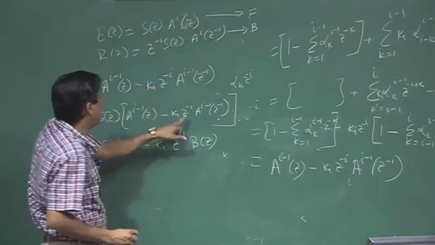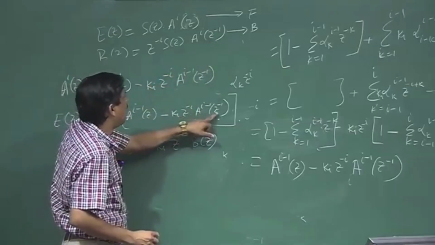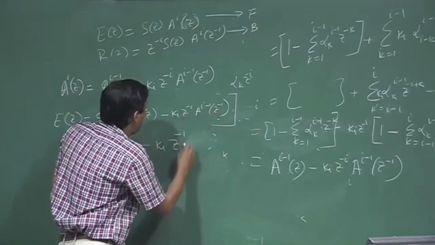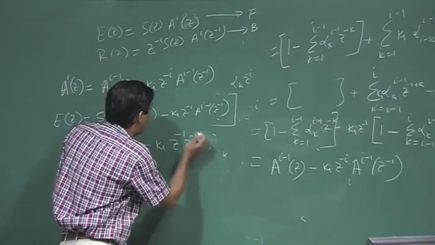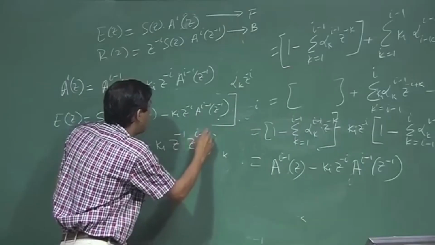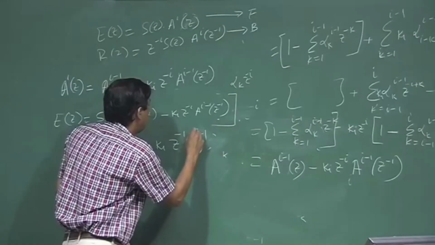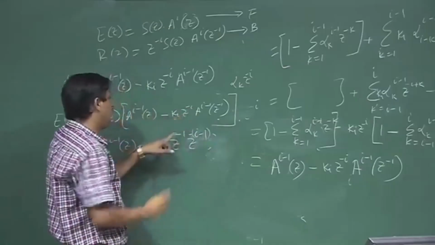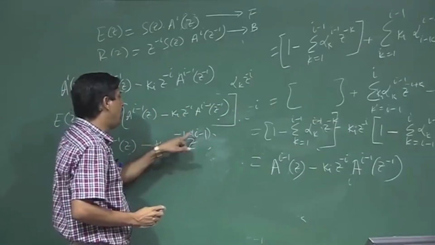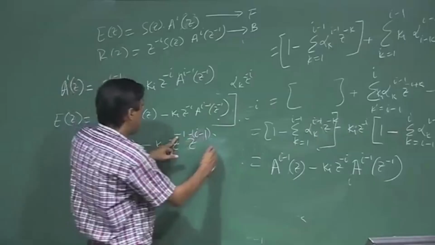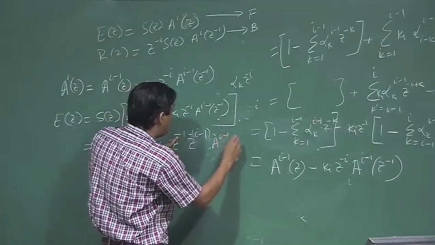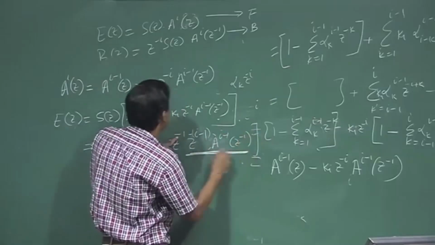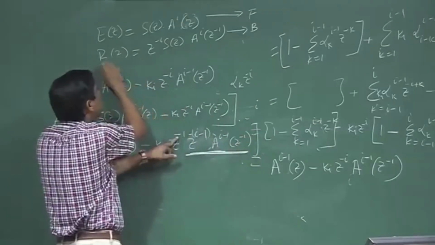So if I want to write it in terms of B of z, I have to write z to the power minus 1 into z to the power minus (i minus 1), taking one outside, so that it is A i minus 1 of z to the power minus 1. So this term is nothing but B of z.